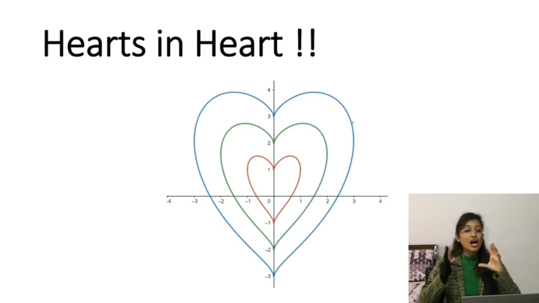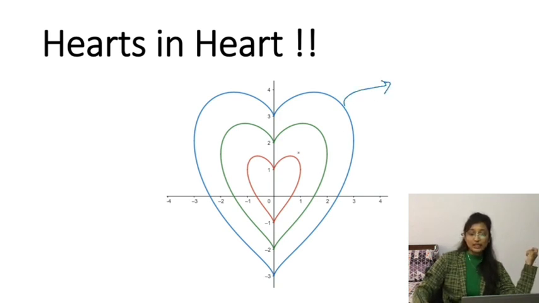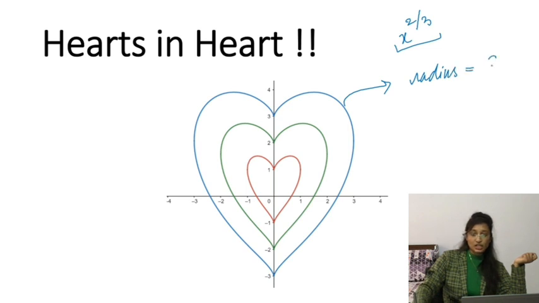We will now see hearts in heart. How have I formed this? If you could guess it, this blue line is constructed using the first basic line, x to the power 2 by 3, pulling it up along the quarter circle of radius 3.